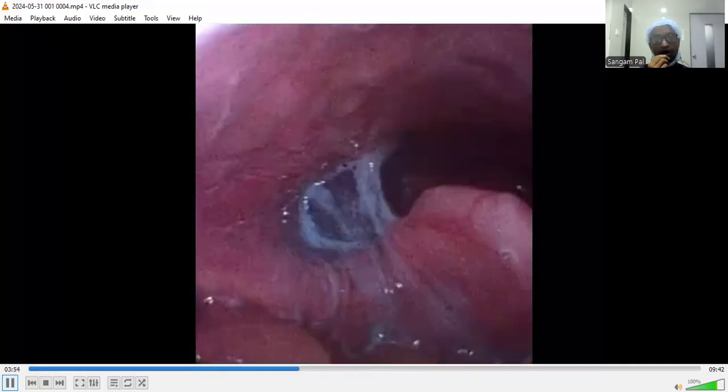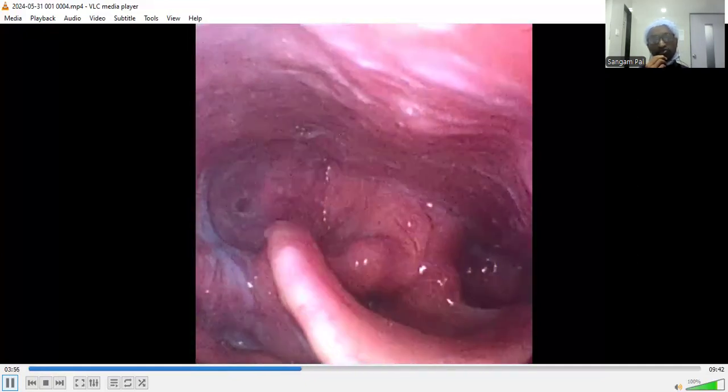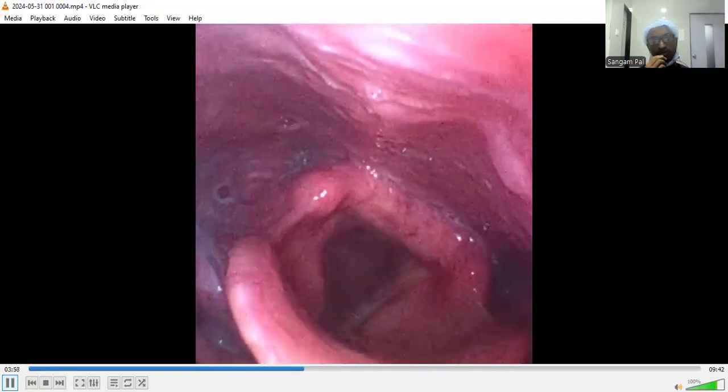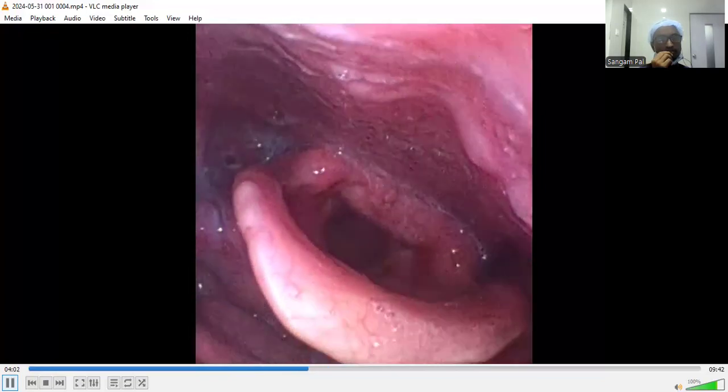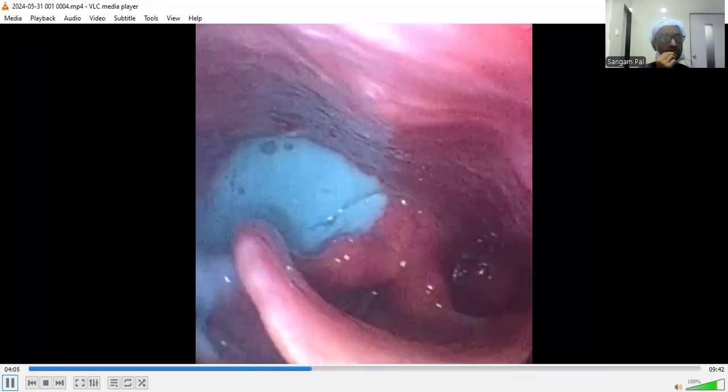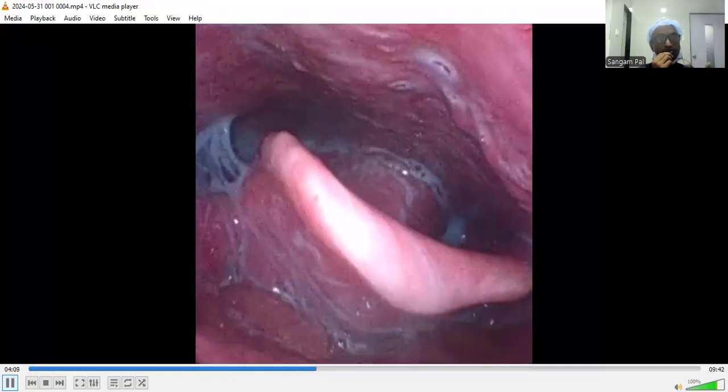And after that, there'll be post swallow. We have to see how much residue is left. So there is minimum residue for liquid. Again, we'll see for this liquid. So this liquid is going, this is pre-swallow study, that was white out, and then this is post-swallow residue. So minimum residue is there.